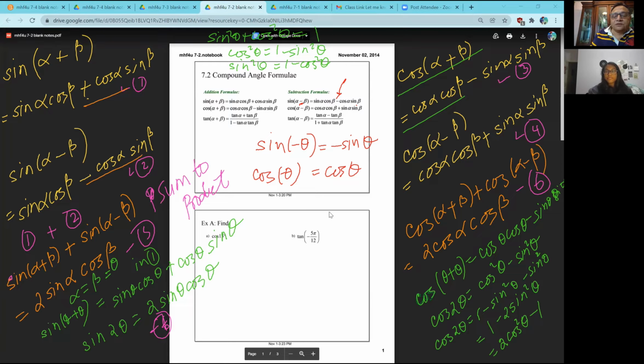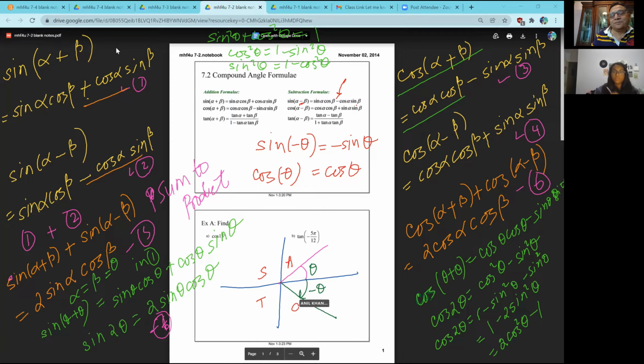Look here. I'm just going to use this page fully. Let us say we have an angle in quadrant 1. We know all values are positive, all are positive, correct? However, you know the CAST rule. The CAST rule says that cos is positive in quadrant 4 and sine in quadrant 2, correct? So when I'm talking about minus theta, let's say this is theta, minus theta means you are going in the clockwise direction.